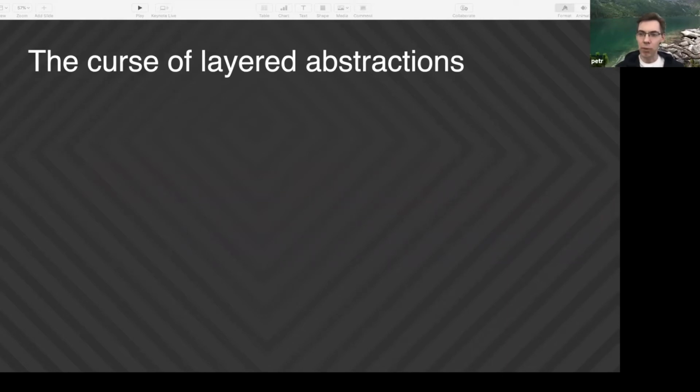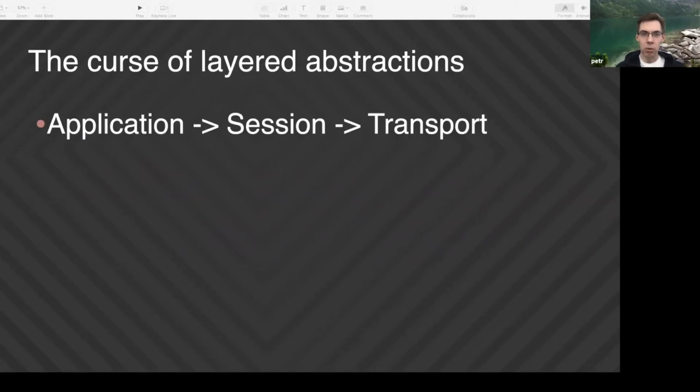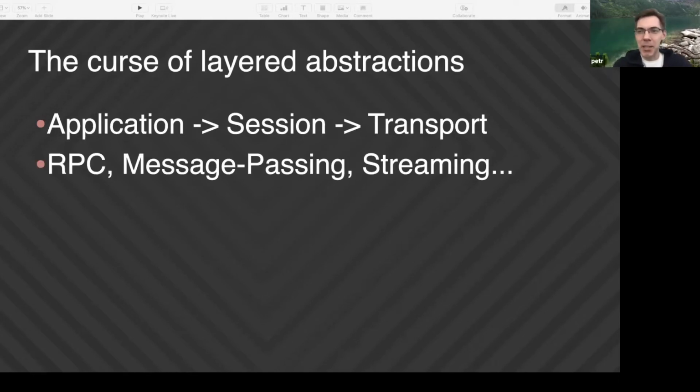You have layers of interaction, which you probably all heard about in school: the application, session, and transport layers. But it's hard to realize how much they affect networking until you start debugging. If you look at what applications use at the high level, at layer 7, it's RPC, like Thrift or gRPC, or message passing if it's MPI, or streaming, these high-level concepts which don't naturally map to low-level primitives.